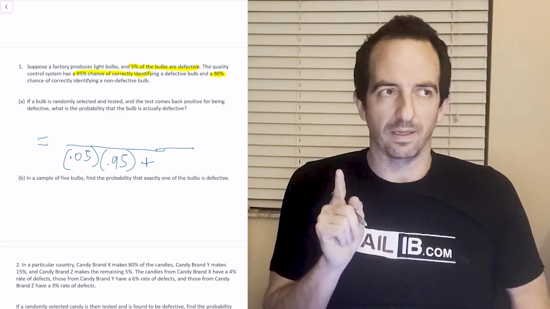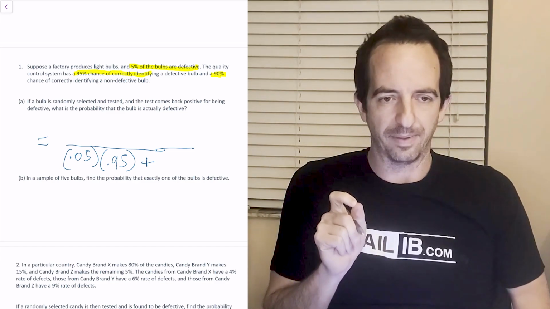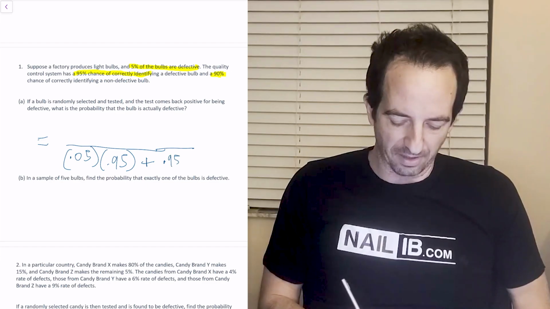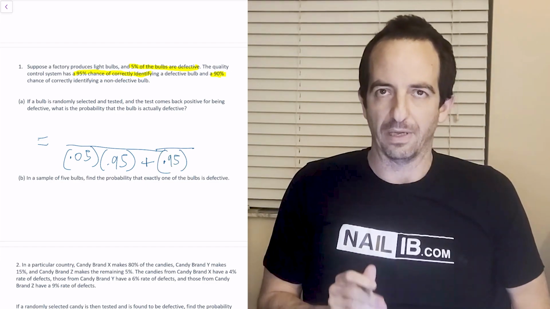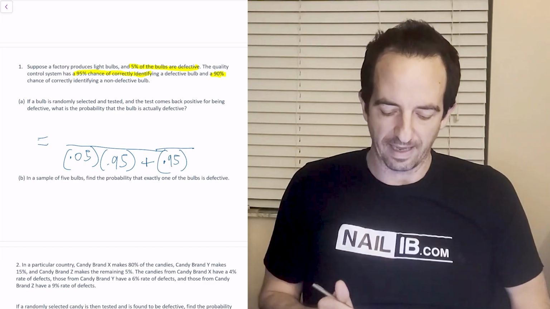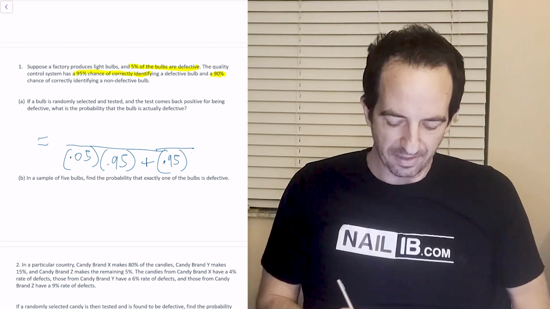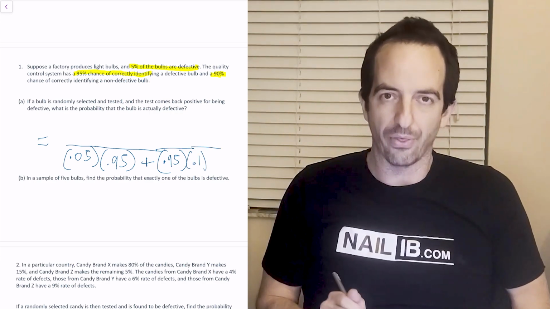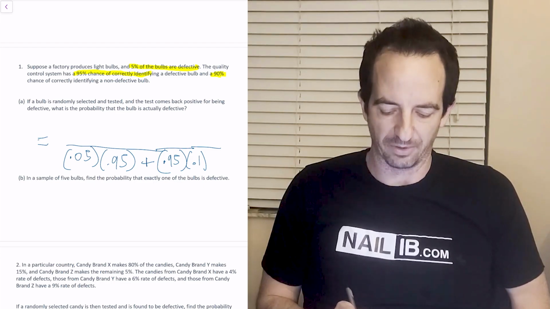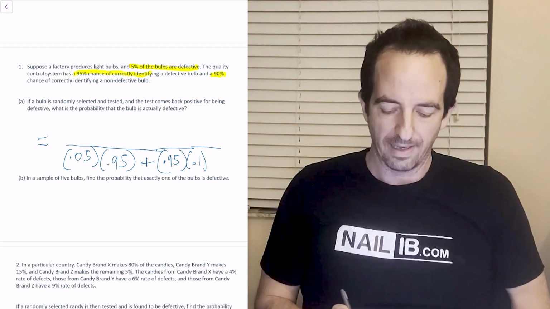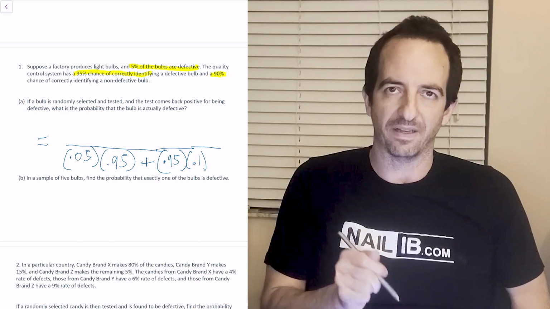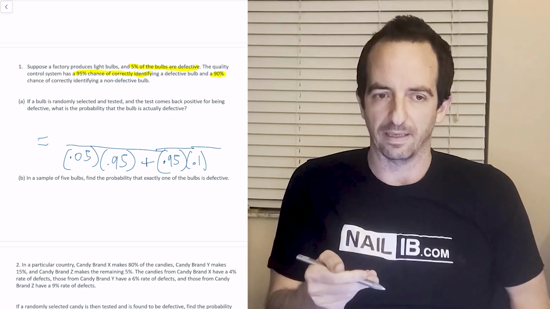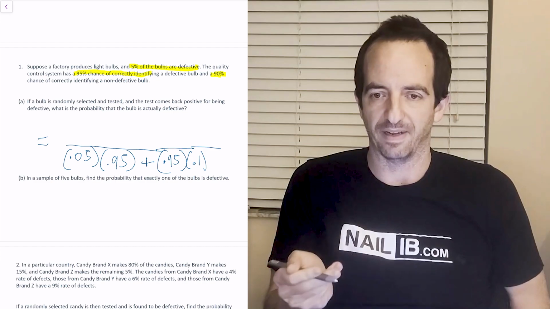But when else will it identify a bulb as being defective? Well, for the 95% of the time that the bulbs are not defective, that the bulbs are fine, what's going to happen? We know that 10% of the time it's going to misidentify the bulb as defective, because we're told that only 90% of the time it correctly identifies non-defective bulbs as non-defective, which means that 10% of the time it will incorrectly identify them as defective.